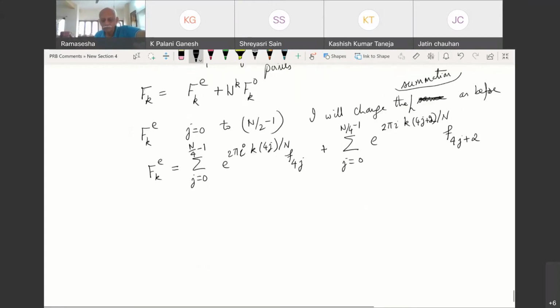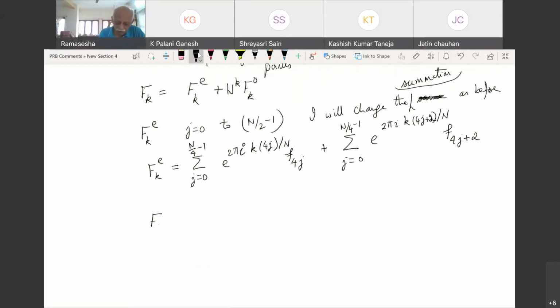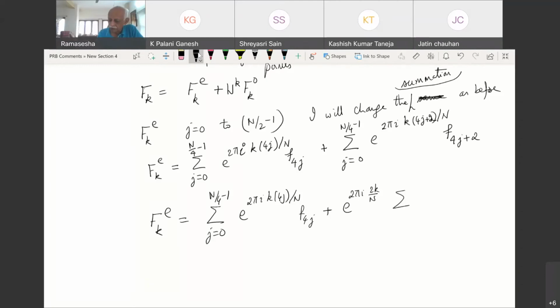Okay, so what will happen? So this I can write fke is equal to sigma over j is equal to 0 to n by 4 minus 1 e to the power 2 pi I k times 4j divided by n of f of 4j plus e to the power 2 pi I 2k by n sigma over j is equal to 0 to n by 4 minus 1 e to the power 2 pi I k times 4j by n f of 4j plus 2.